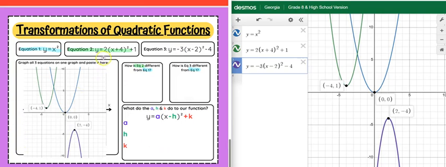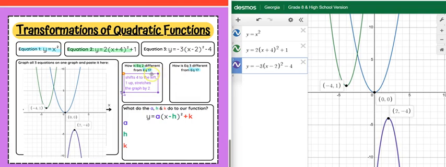Well, it shifts the whole graph 4 to the left, 1 up, and then the 2 in front stretches the graph by 2.